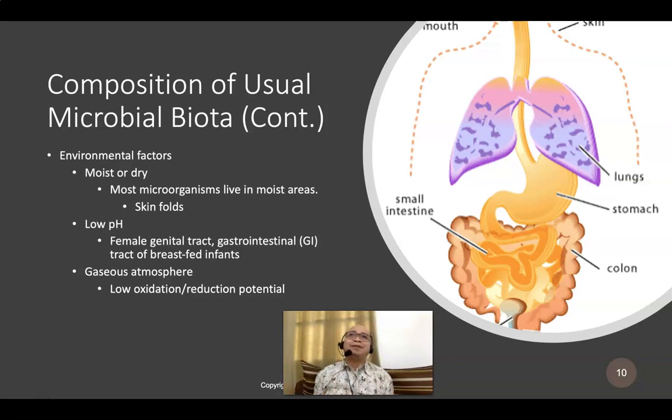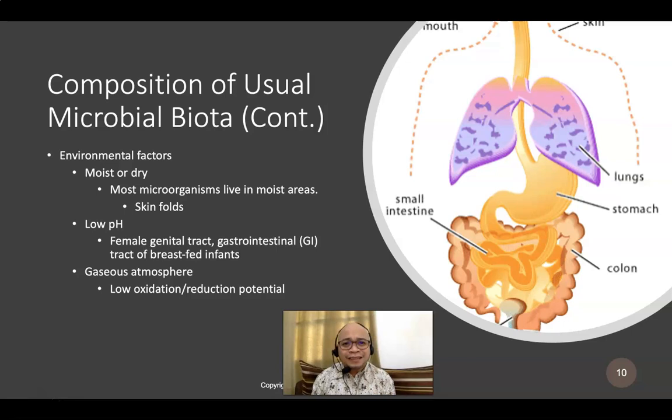Or, for example, in females, you have Lactobacillus acidophilus or the Doderlein bacilli, for low pH, because in the female genital tract, Lactobacillus acidophilus is actually the resident normal microbiota.